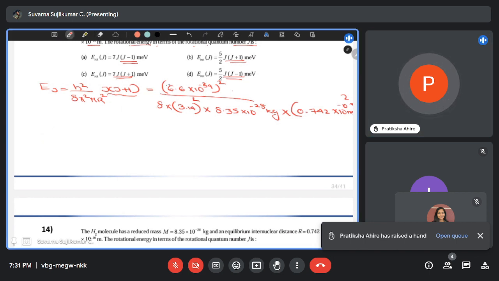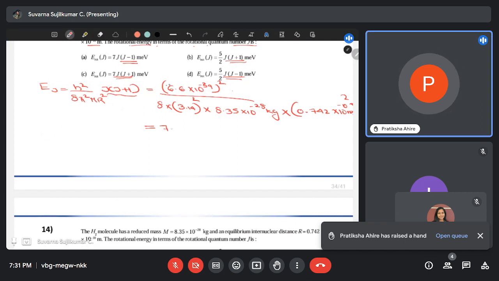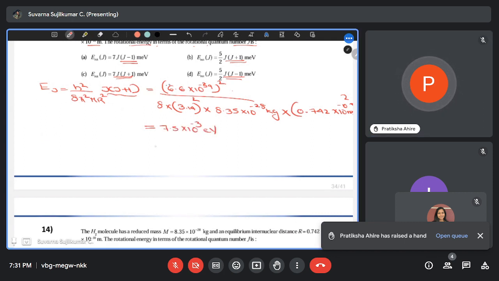If you solve this, you will reach a value of 7.5 into 10 raised to minus 3 electron volt. This we can write as 7.5 milli electron volt, meV. So this is the simple equation.